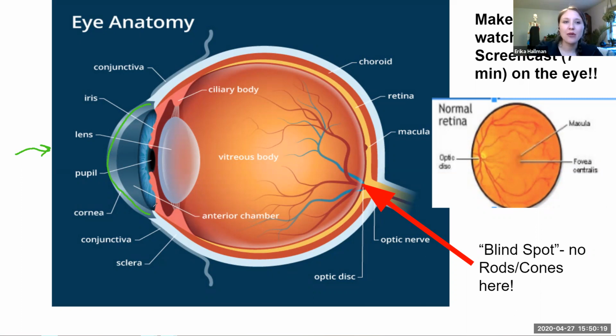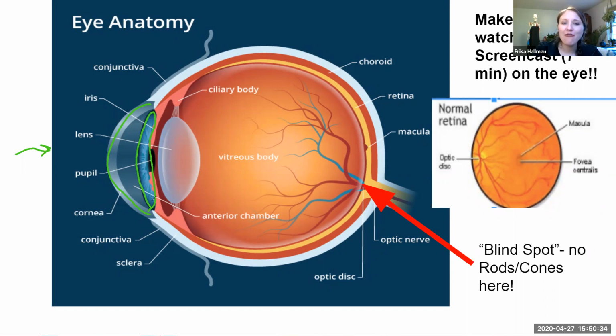So the next layer we're looking at right here is actually the pigmented layer. And this layer is going to be the surface of the iris. All right, and the iris is actually a muscle, or at least is controlled by a muscle.